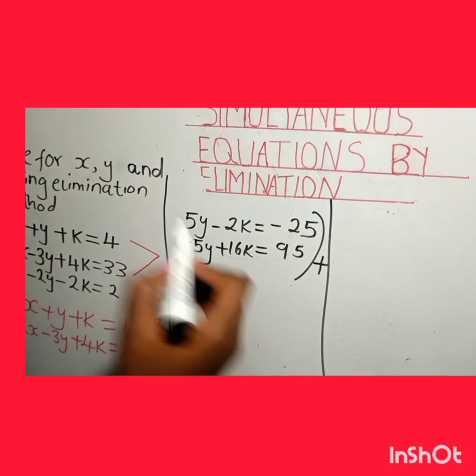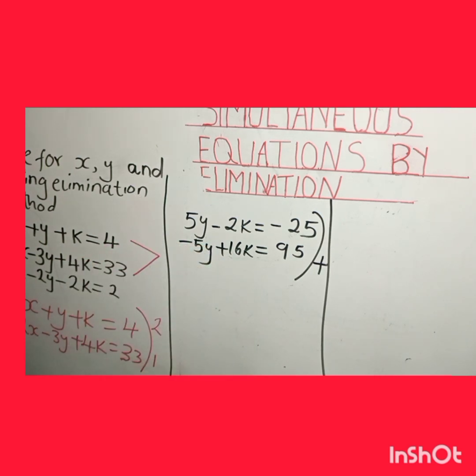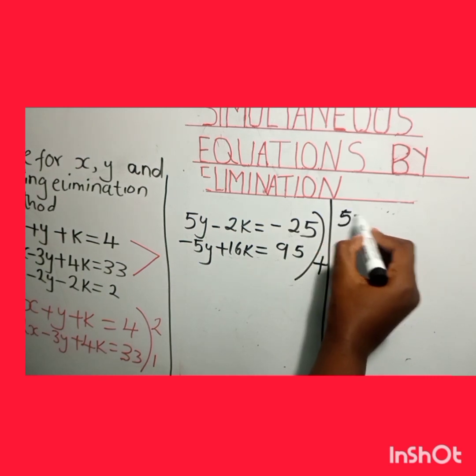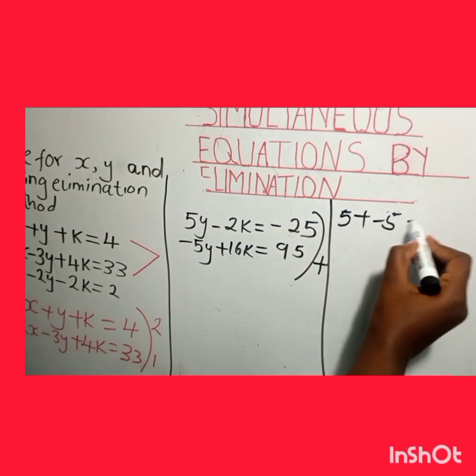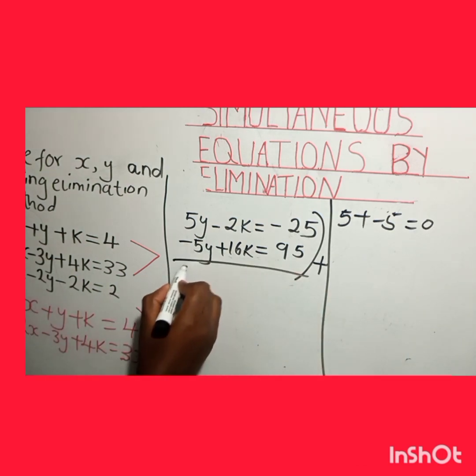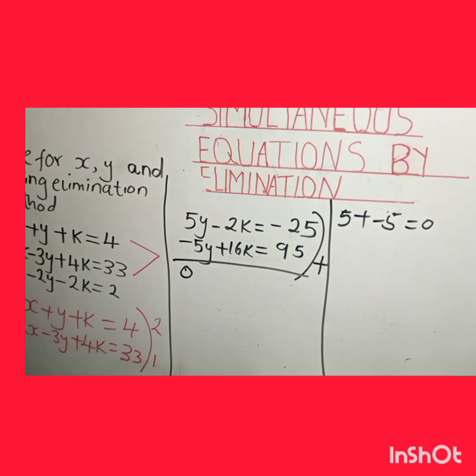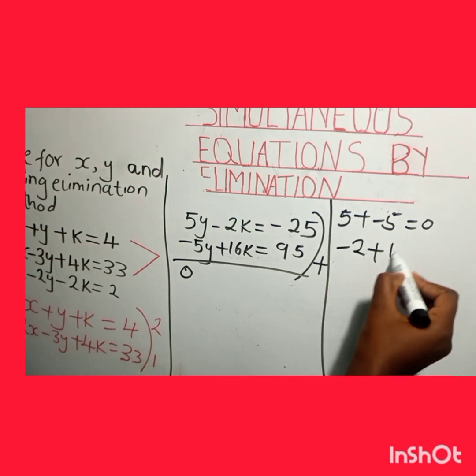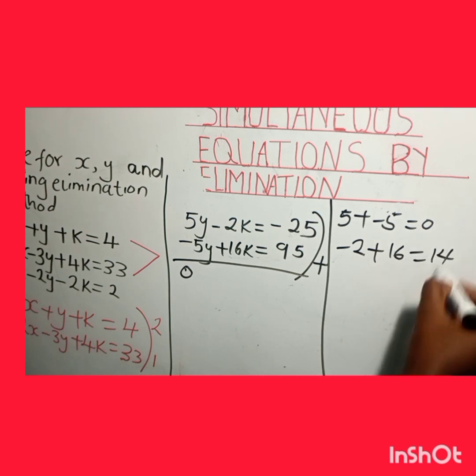Let us eliminate y. So for me to eliminate this y, I will add the two equations. So I'll get 5y minus 5y, I'll have 5 plus minus 5. This will give me a 0. Then from there, I'll have minus 2 plus 16, this will give me 14.